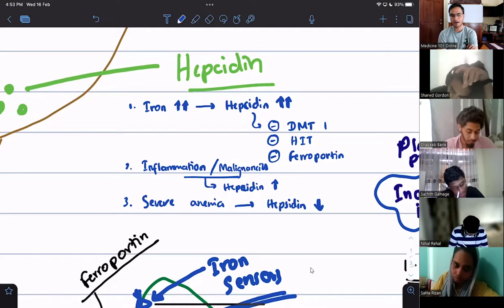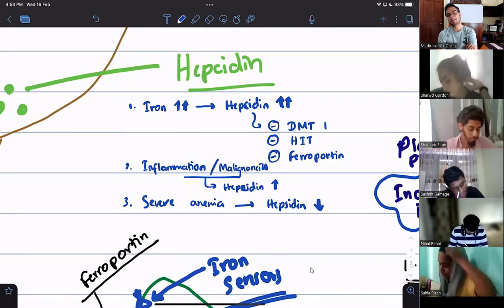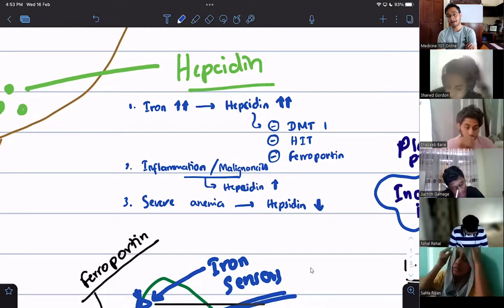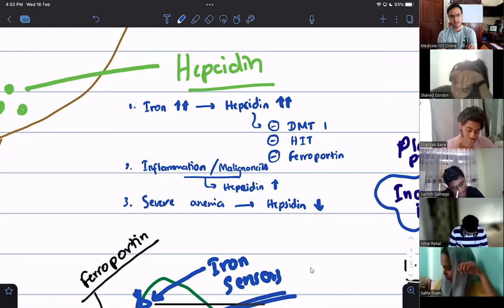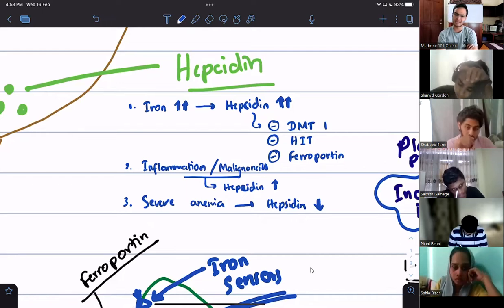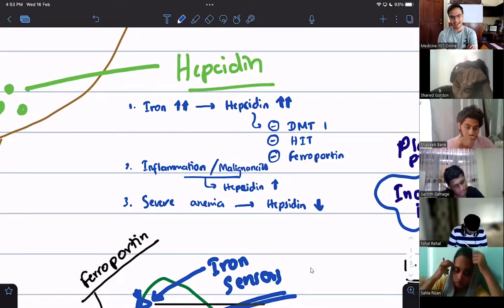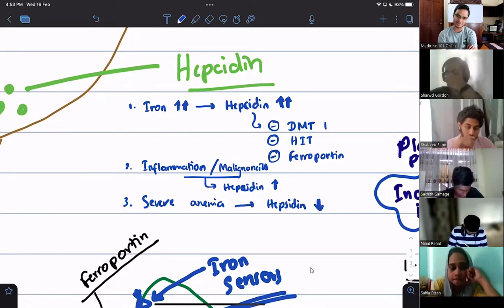But no matter how much iron I give, his iron profile always shows low numbers. His iron profile does not show any improvement. And the patient has some photosensitive rashes.